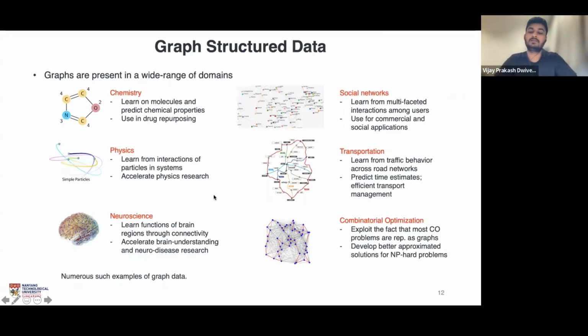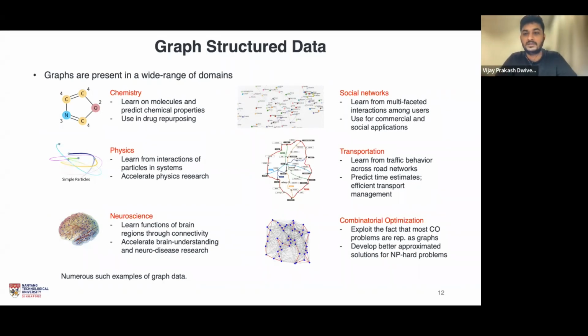There are actually several areas where graphs are present in abundance. I presented here a snapshot of certain domains. I'll quickly walk through each of them to have an understanding of what kind of domains are present and how the data sets can be obtained in the form of graphs. In chemistry, like I discussed earlier, we have molecular graphs, and we can use these molecular graphs to learn the chemical properties and also predict for future tasks.